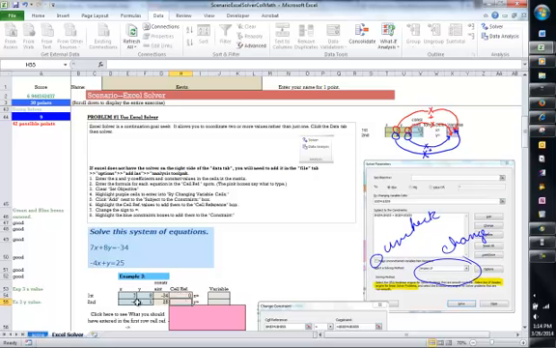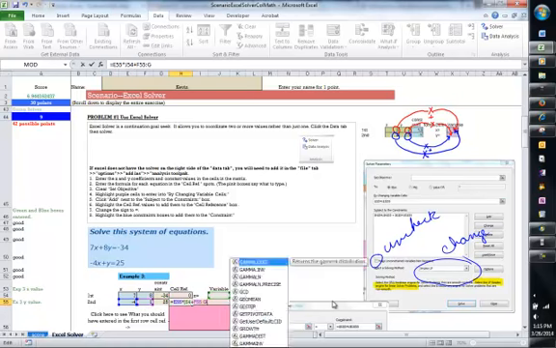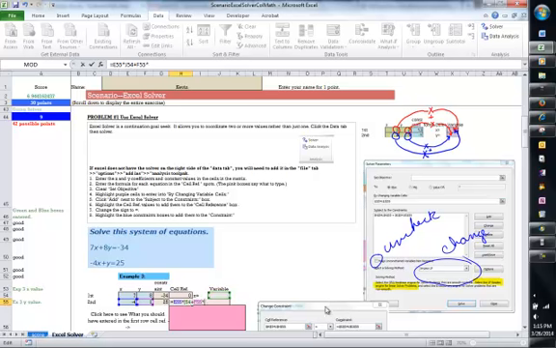And you do the same thing in the second row: equals the second row's x coefficient times the x variable plus the y coefficient times the y variable, which is J55. Okay.